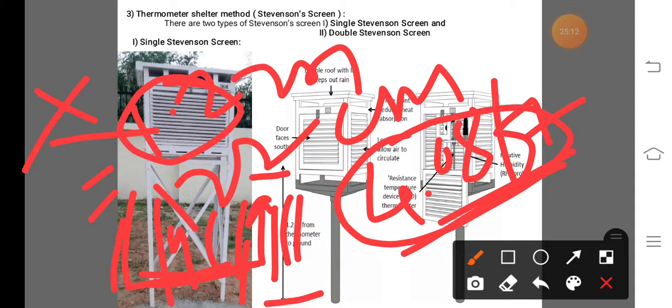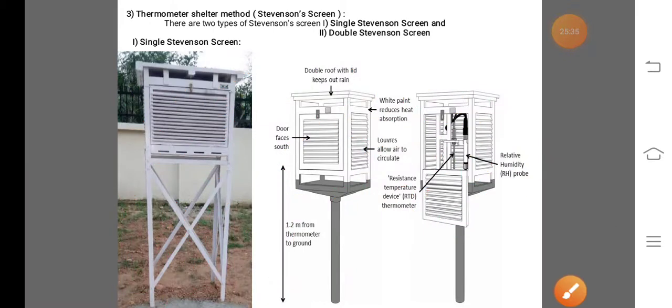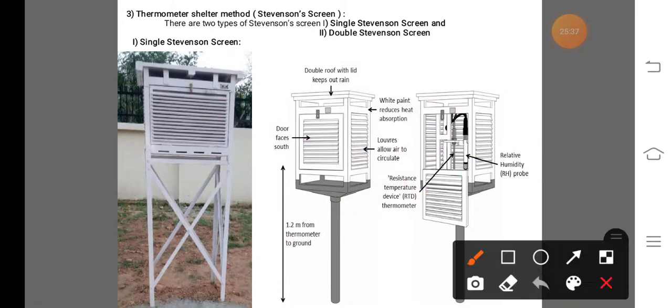So the height of this single Stevenson screen is always kept 1.2 meter or 122 centimeter or 4 feet from the ground surface to avoid the excess heating from the released hot air from the earth's surface. So this is the main purpose of keeping this height from the ground surface for the single Stevenson screen.